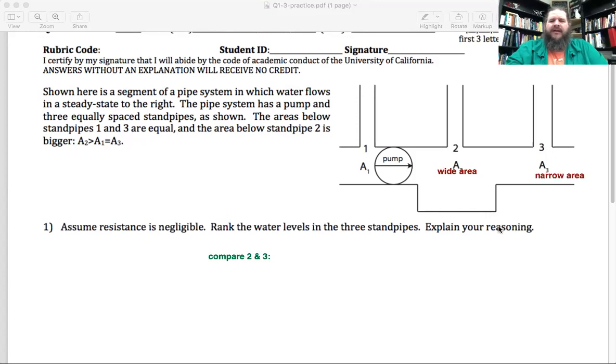What's that really the indicator for? What does that tell you is also changing from 2 to 3? Yeah, we've got a change in kinetic energy density. Wide area, what does that tell you about the speed? Versus narrow area, what does that tell you about the speed?